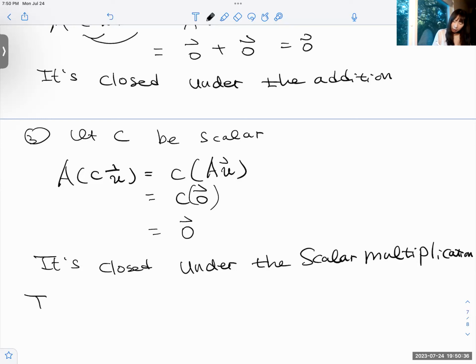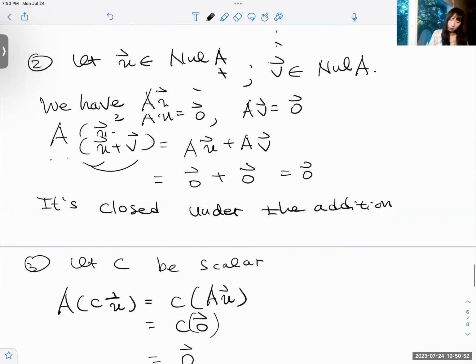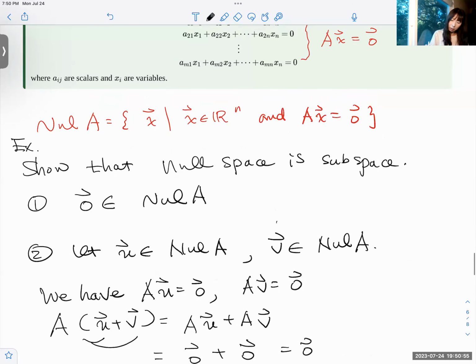Okay, so we can conclude the null space of A is a subspace of Rn.